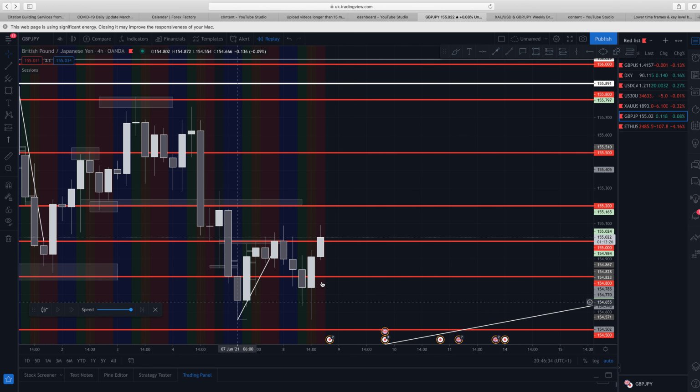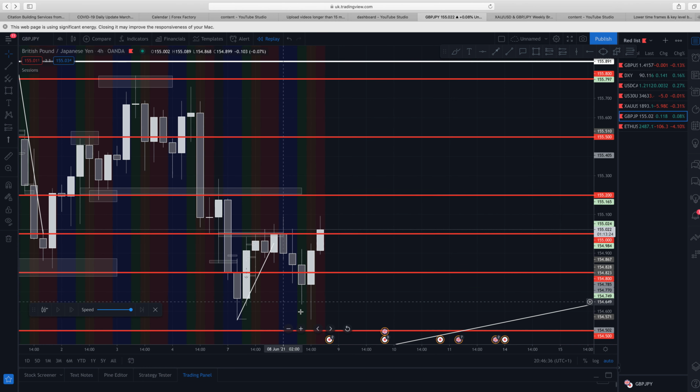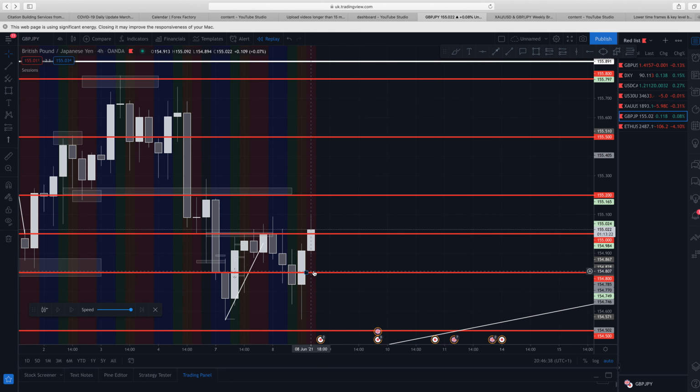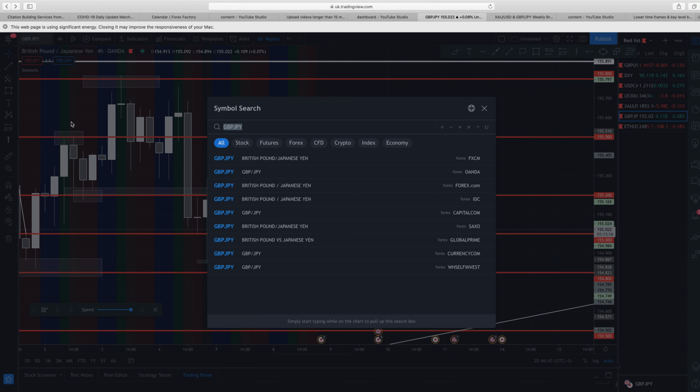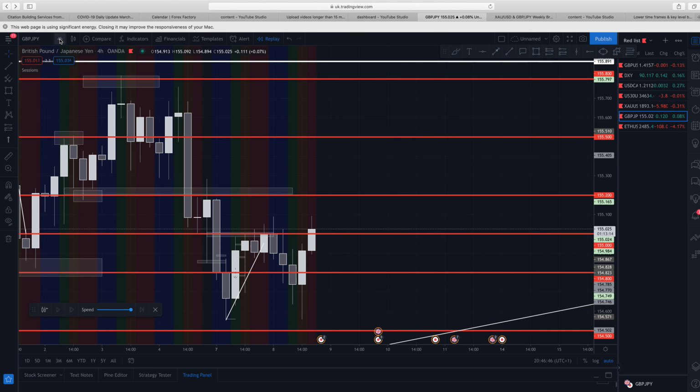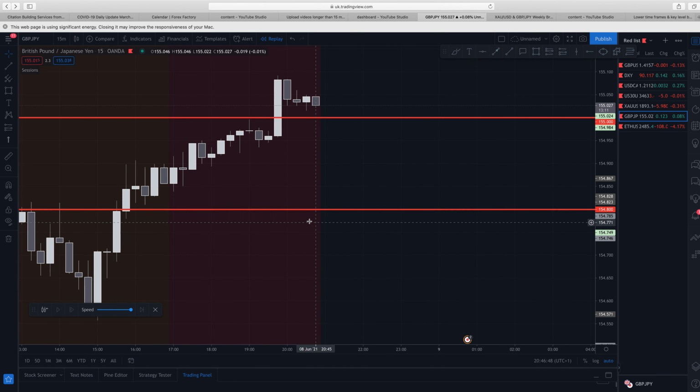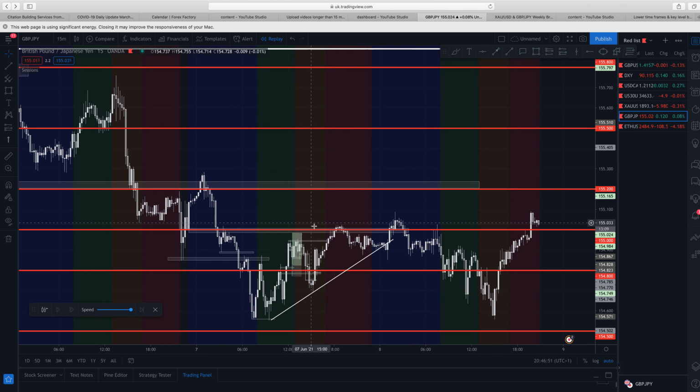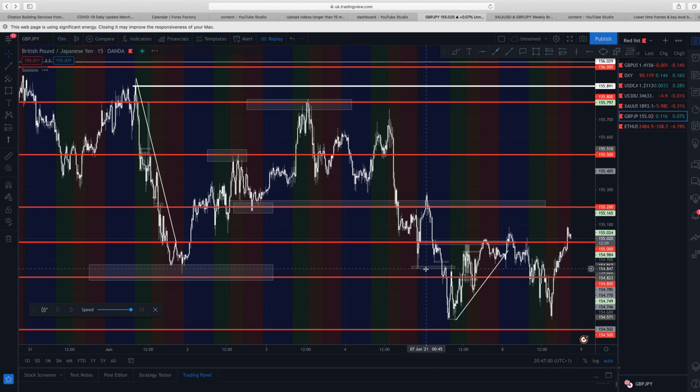Not looking trading that really. See if there's any potential trades at 154,800. Nah, GJ's just looking shit.